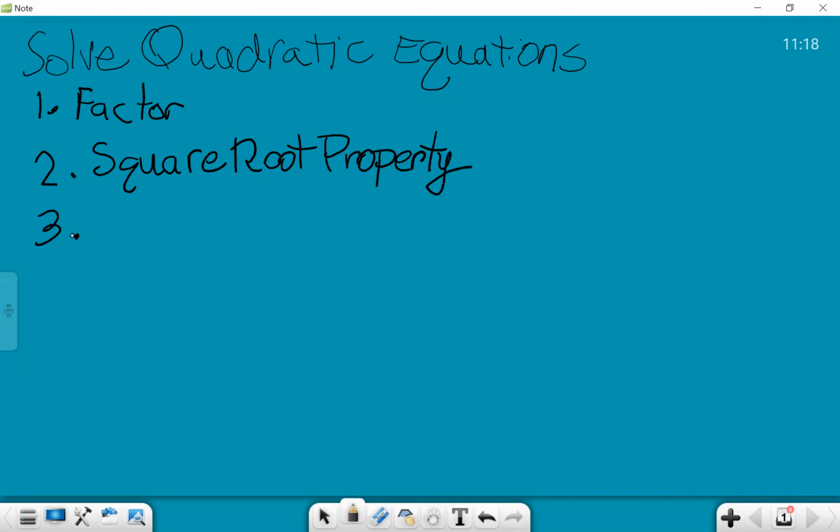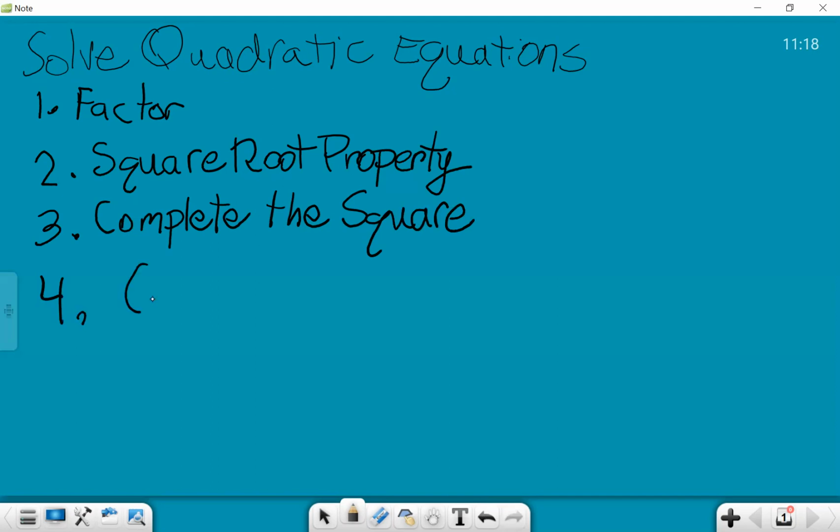We can complete the square. And we can use the quadratic formula.